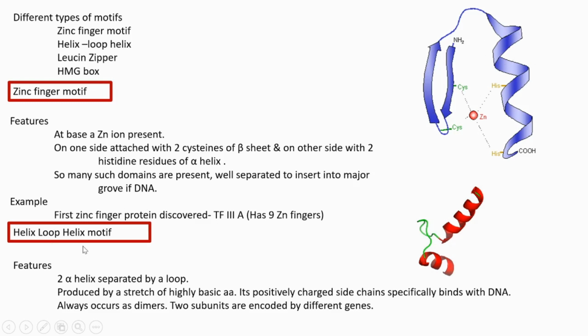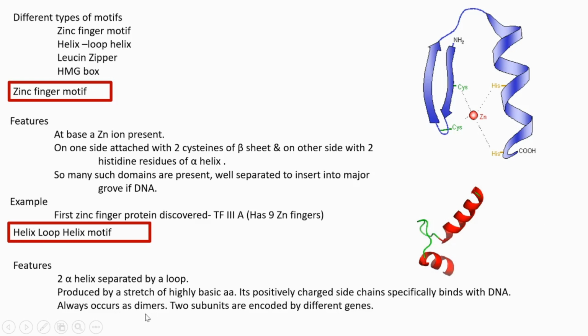Next, helix loop helix motif. This image is shown here. It is composed of 2 alpha helix segments separated by a loop, and it is produced by a stretch of highly basic amino acids. As it is positively charged, it can specifically bind to a specific sequence in DNA. Usually this helix loop helix motif occurs as dimers.